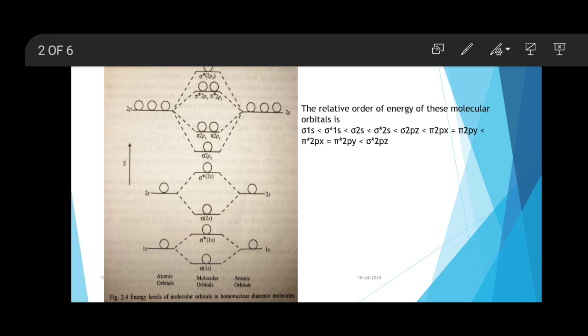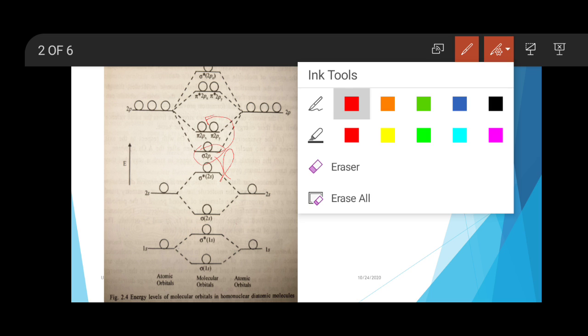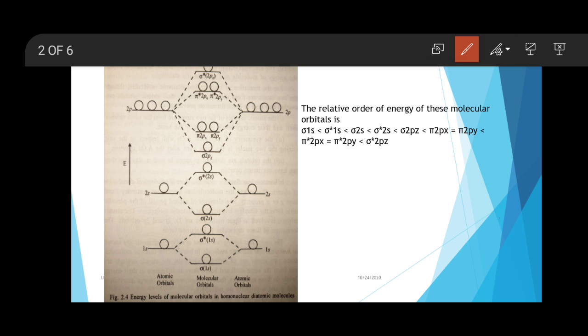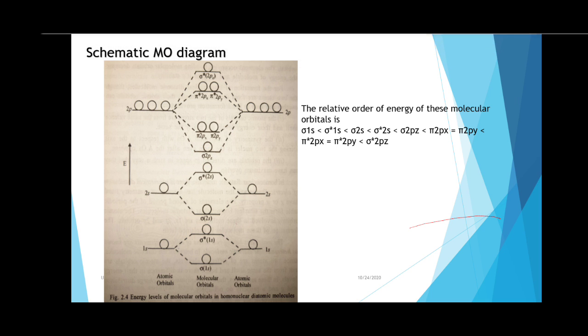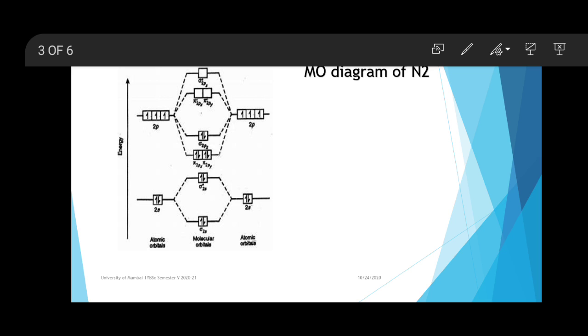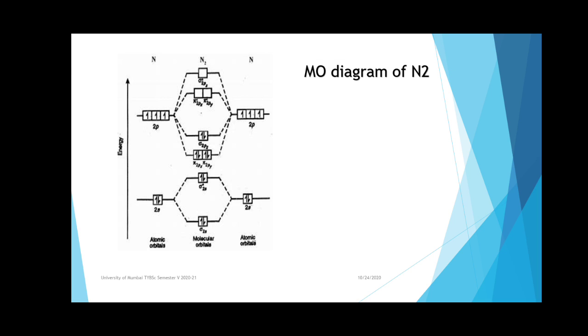Sigma star 2s and sigma 2pz are both along the same axis, so they get repelled. To remove that repulsion, the sigma 2pz orbital moves upward compared to pi 2px and pi 2py. So we get this example, where sigma 2pz has higher energy compared to pi 2px and pi 2py.